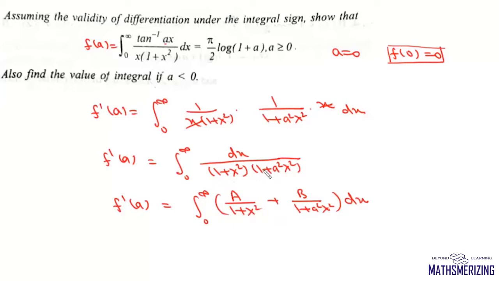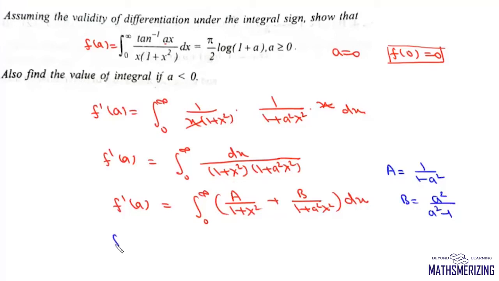Then we'll get this as 1 minus a square. So the value of A simply will be 1 upon 1 minus a square. And for B, we'll put x square as minus 1 upon a square. So if we put minus 1 upon a square here, we'll get B as a square upon a square minus 1.